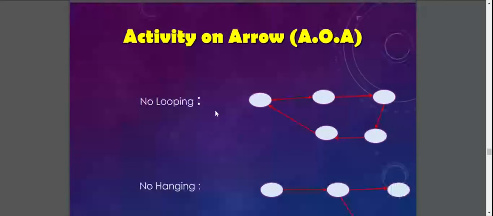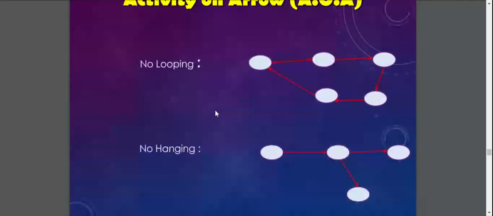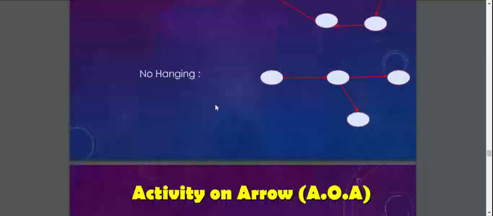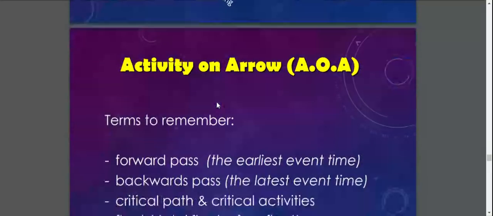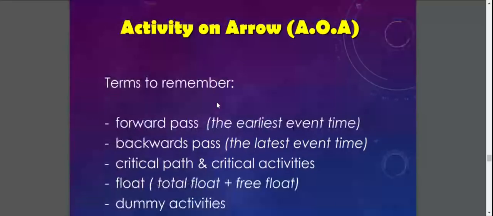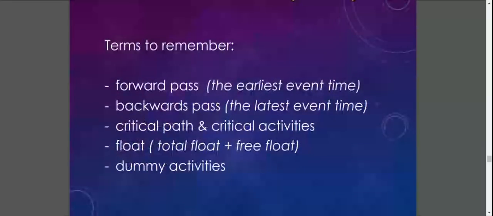Okay, so when you are preparing the AOA, the thing that you should know is the diagram should be projected with no looping and no hanging. So these are activities on arrow. These are the things that you should remember as well.